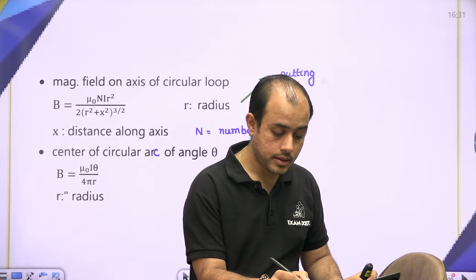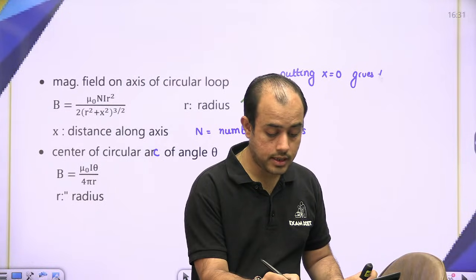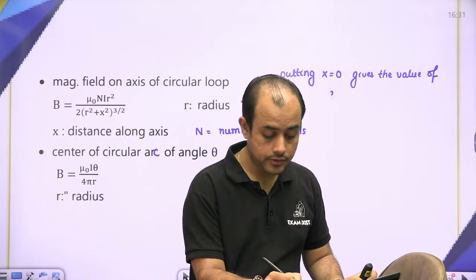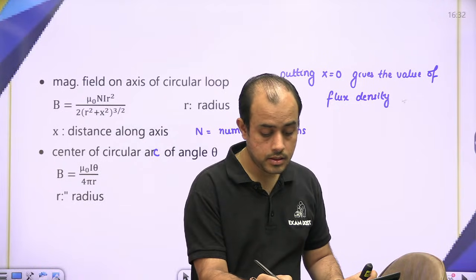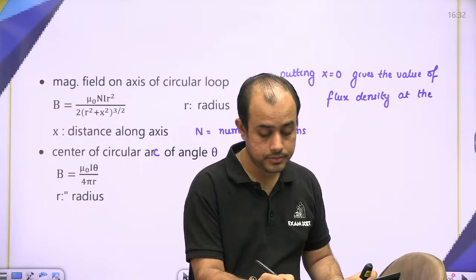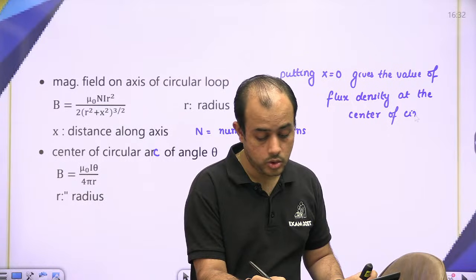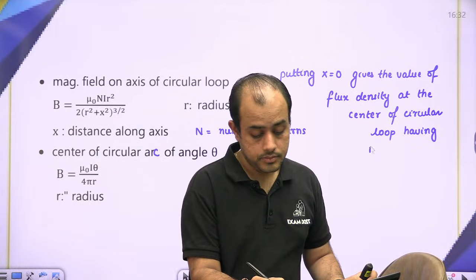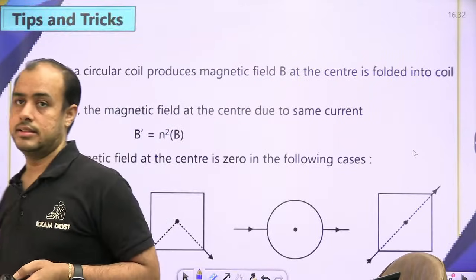putting x equal to 0 gives the value of flux density at the center of a circular loop having n turns.